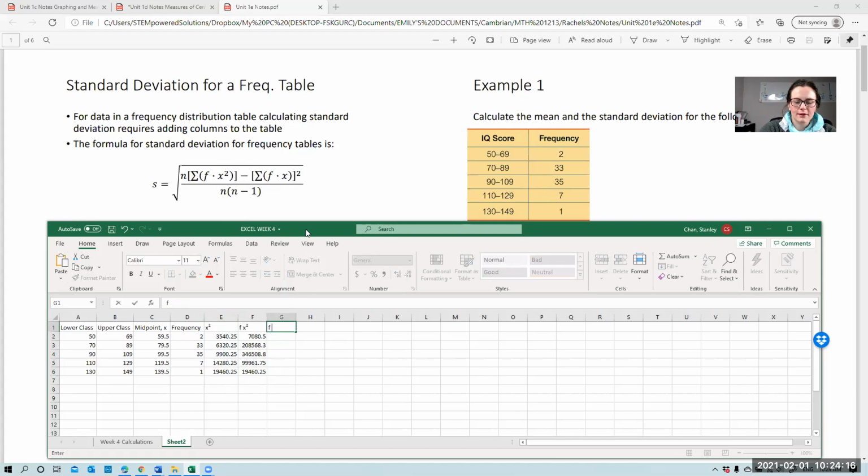So the frequency multiplied by x, f times x, I'll just call it f dot x. And that'll be equal to the frequency multiplied by my midpoint, which is what x is equal to. So the asterisk is equal to multiplication. All right, so 2 times 59.5.